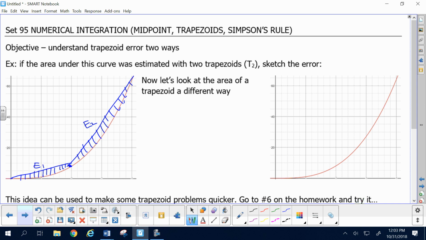All right. Now, it is fairly common, however, to think of trapezoids as rectangles. I don't know if you've ever thought of a trapezoid this way, but wouldn't you say that there's got to be some rectangle in between here where the area of that orange rectangle is the same as that trapezoid?